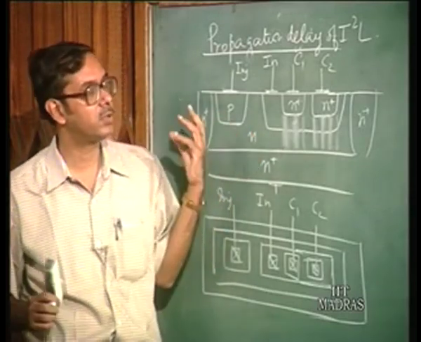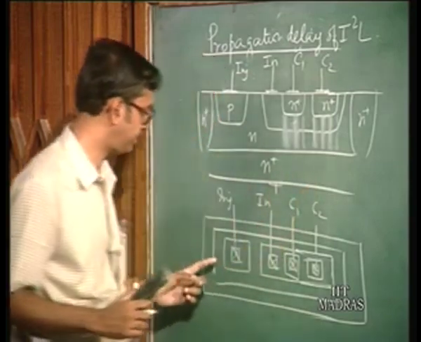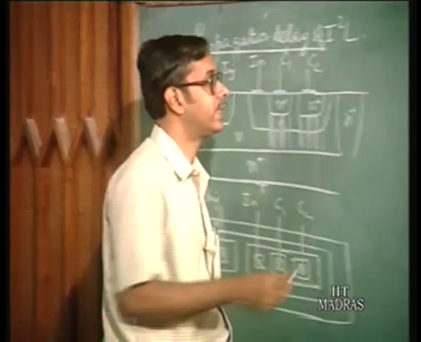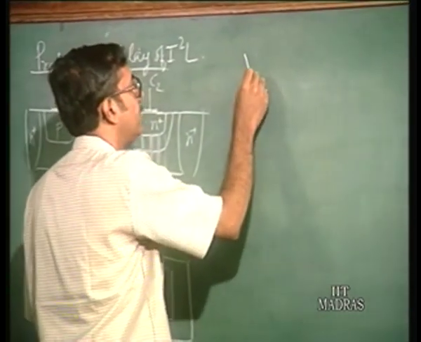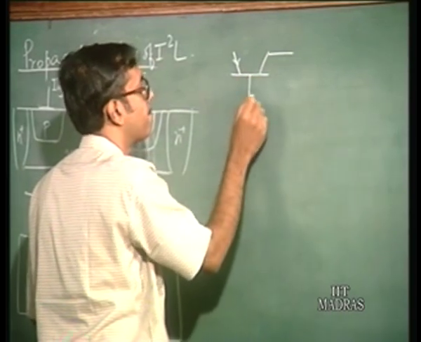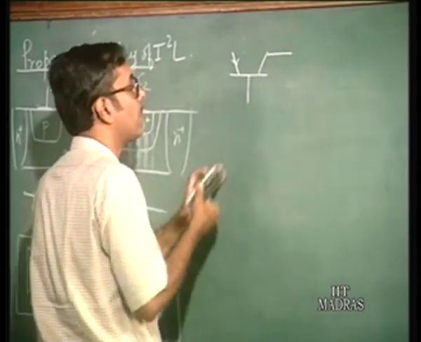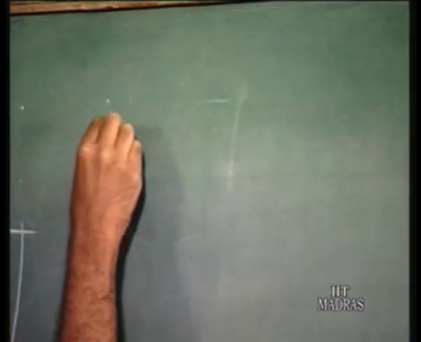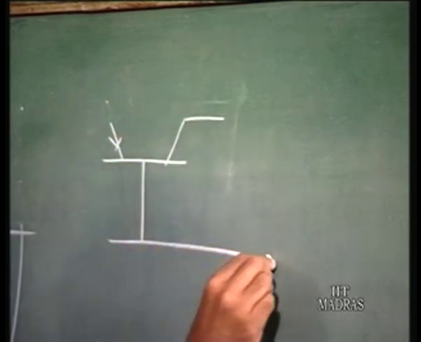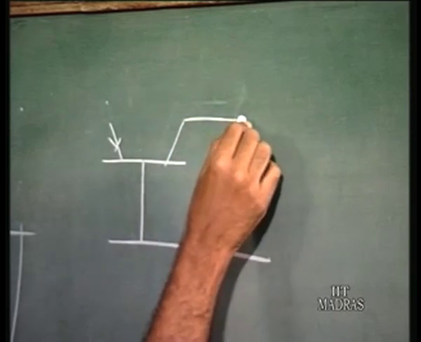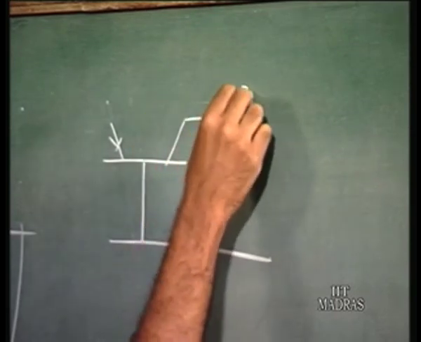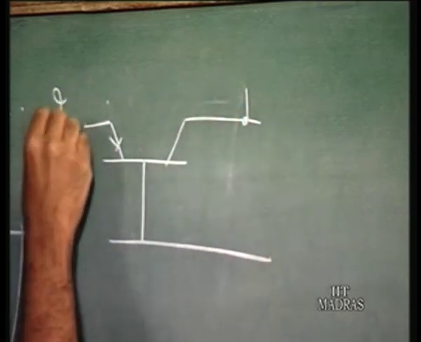In fact, if you draw the equivalent circuit of this particular structure, it would look like this. You have a PNP transistor, and this goes to the input contact. So this is the injector contact.